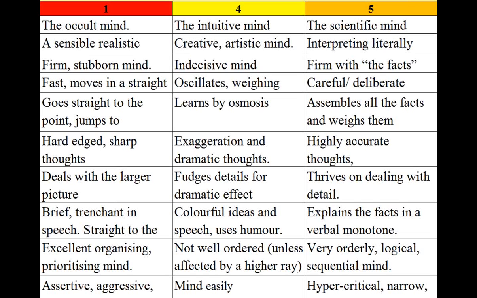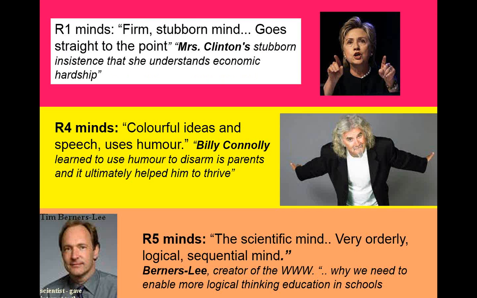Next slide, and we'll have a look at maybe 3 different personalities in the world. Hope you know them all, so it will give you some sort of picture about these different minds in action. So Hillary Clinton, absolutely perfect, and in that picture I've got up here, you can really see the Ray 1.